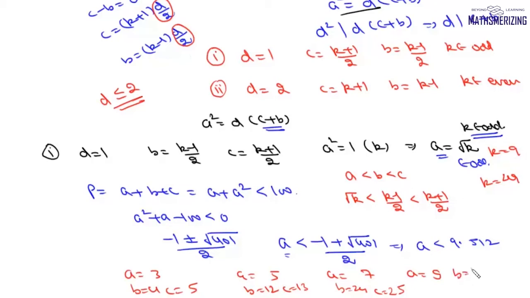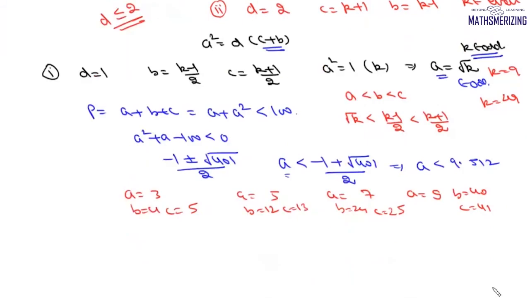So value of B will be 40 and value of C will be 41. So we have 4 such triangles possible in the first case. So values of ABC will be 3, 4, 5, 5, 12, 13, 7, 24, 25 and 9, 40 and 41.